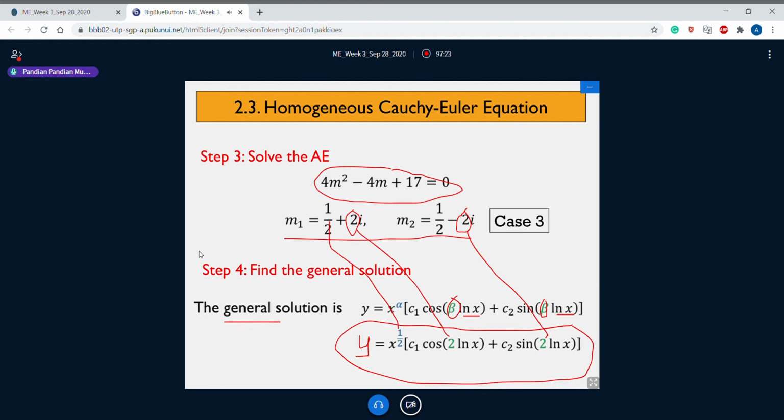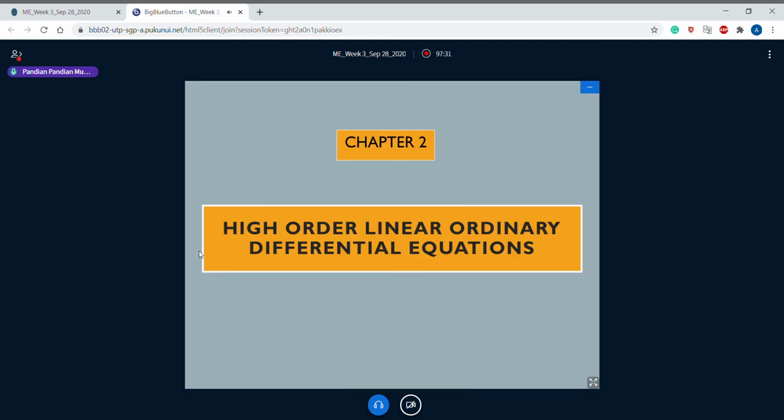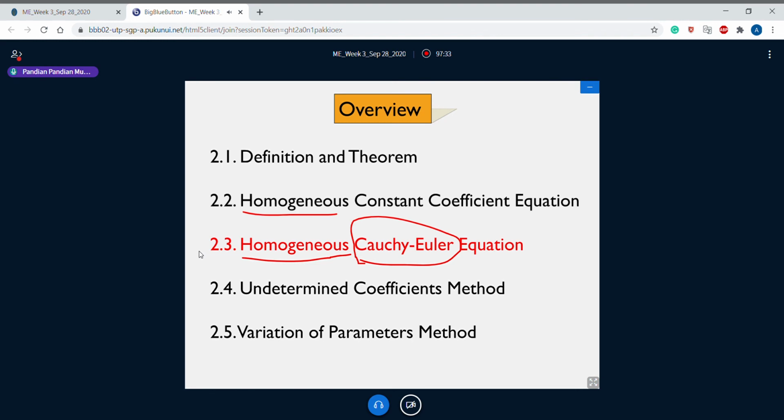So go back again to the slide. I want to summarize before I stop. This topic is basically on higher order differential equations. So far we focus on second order differential equations. So I want to summarize this, and then what is next.